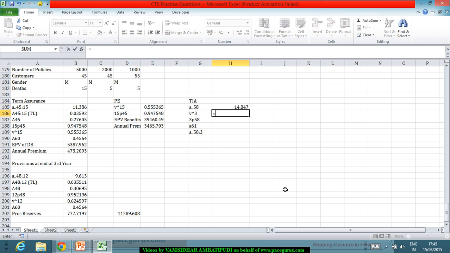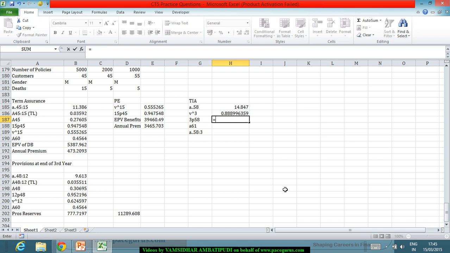V cube is 1 by 1.04 to the power 3. 3P58 comes out as L61 by L58.